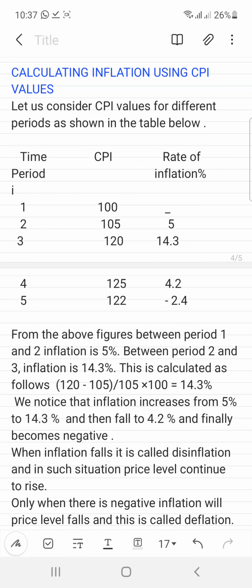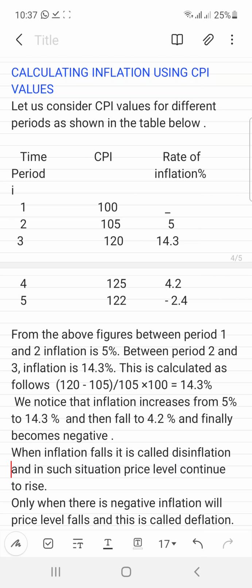But what has happened from period 3 to period 4? The rate of inflation has fallen from 14.3% to 4.2%. This means that there has been disinflation. When inflation falls, it means that there is disinflation in the economy. When there is disinflation, it means that the rate of inflation is falling, but prices are rising.